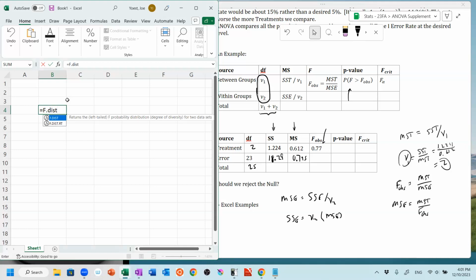The default is left-tailed, but I see there's a .RT option for the right tail. F distribution, right tail area. My F observed is 0.77. My numerator degrees of freedom, nu1, is 2, and my denominator is 23. And this gives me about 47%.